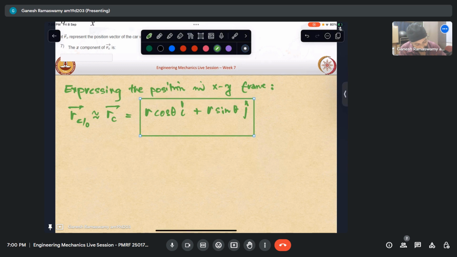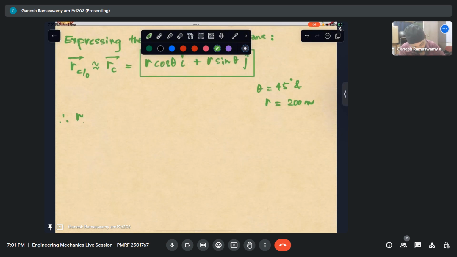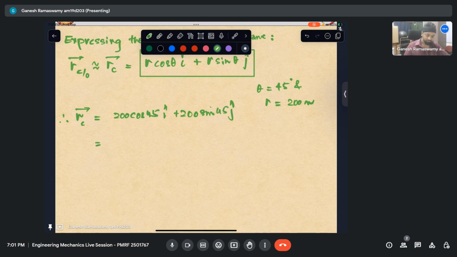So I have this here, and I have been given that theta equal to 45 degrees and R is equal to 200 meters. So therefore, RC is nothing but 200 cos 45 i cap plus 200 sin 45 j cap, which is, so RC is given as 141.42 i plus 141.42 j.